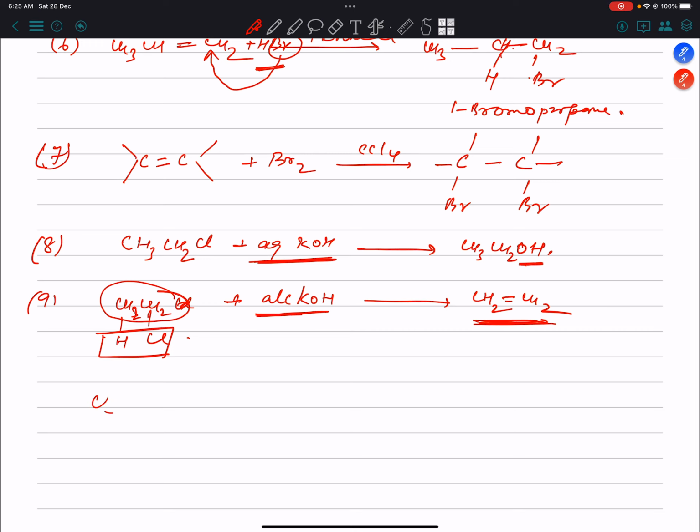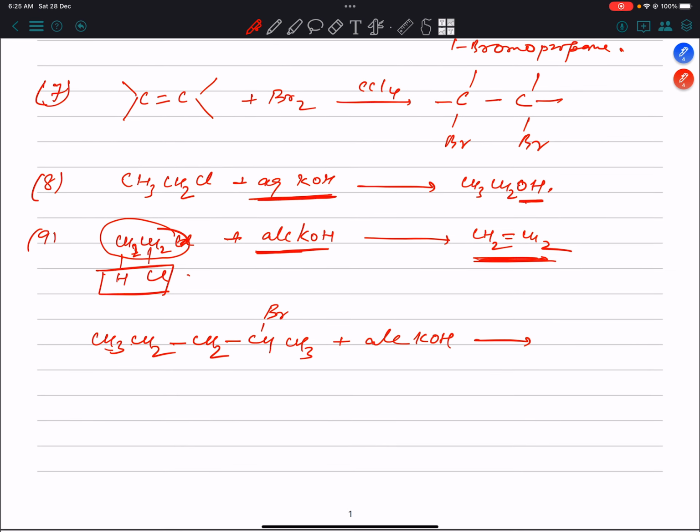Now if you take this haloalkane with alcoholic KOH, then there will be a major and a minor product. What will be the major product? Say this is the alpha carbon and this is beta and this is beta.